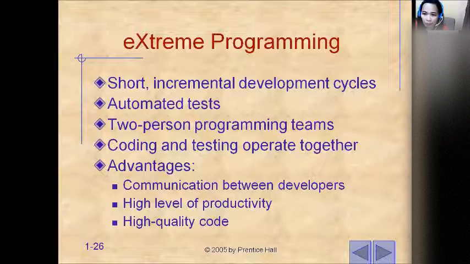Extreme programming uses short incremental development cycles, automated tests, two-person programming teams, and coding and testing operating together. Advantages: communication between developers, high level of productivity, and high quality code.